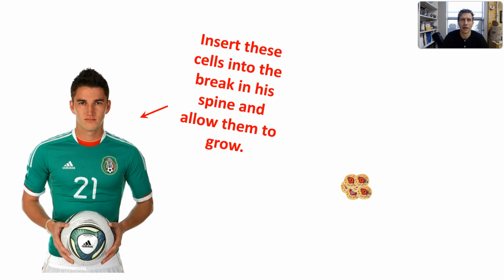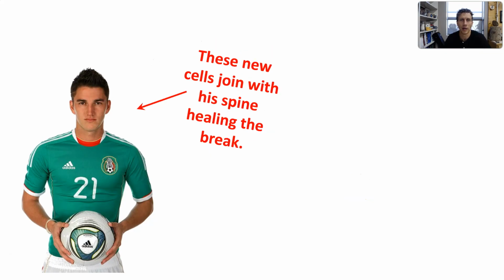This is something we need to fight. And so your immune system fights against that. Here, his immune system would not fight against these because they're kind of like his cells, right? It was his DNA. So these new cells join with his spine, healing the break. That's the general idea with therapeutic cloning.